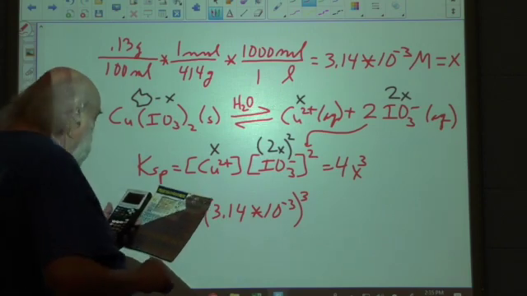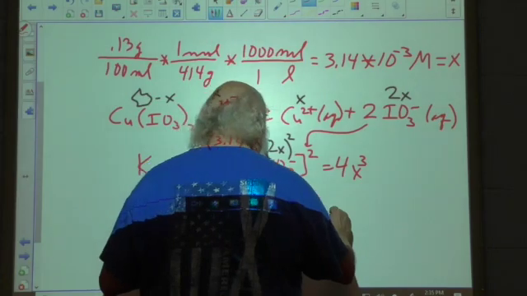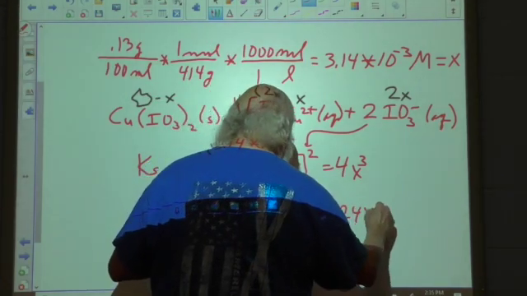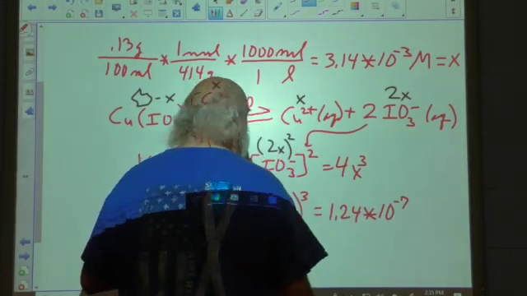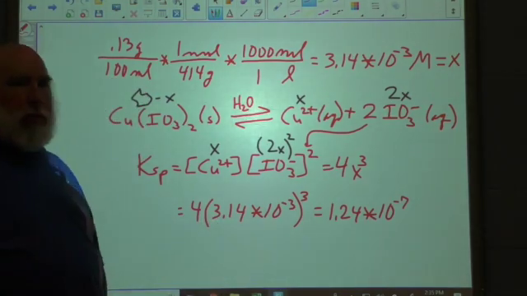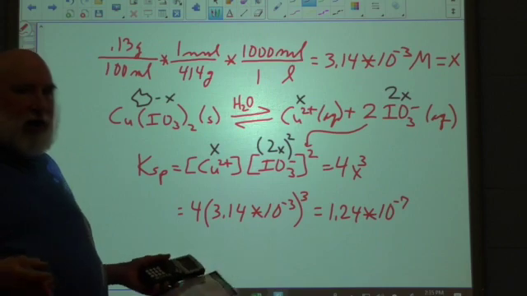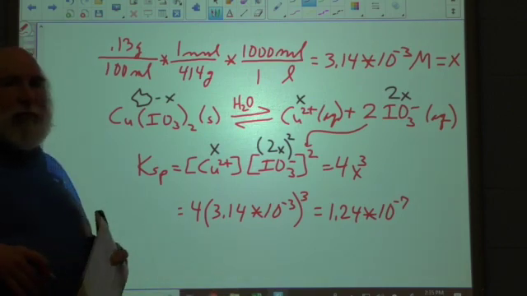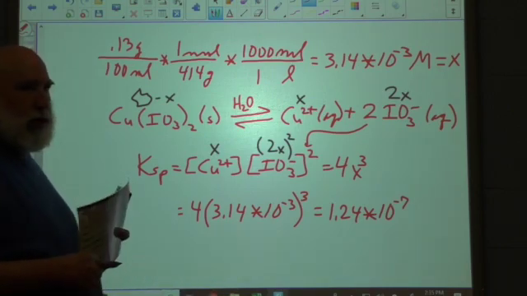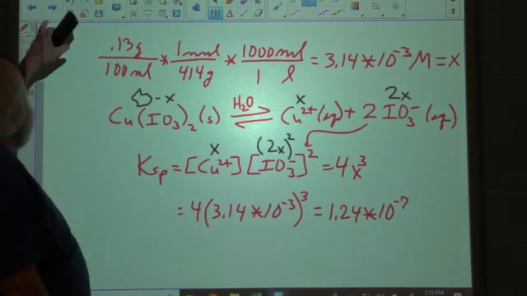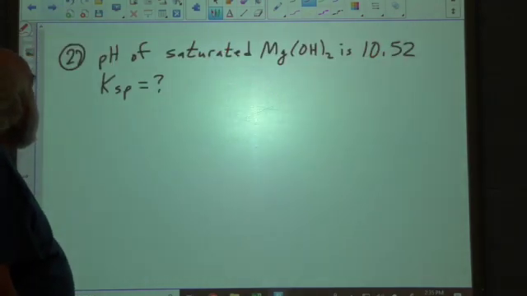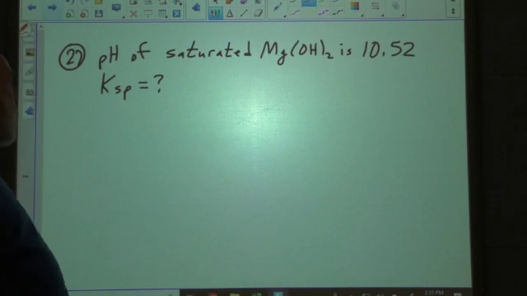And we get 1.24 times 10 to the negative 7. So there's your Ksp value. So that's how they come up with all these values. They have to do an experiment or an analysis of the dissolving of a compound, which is very easily done. And then they go from there.